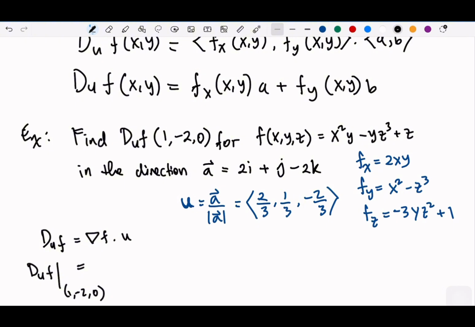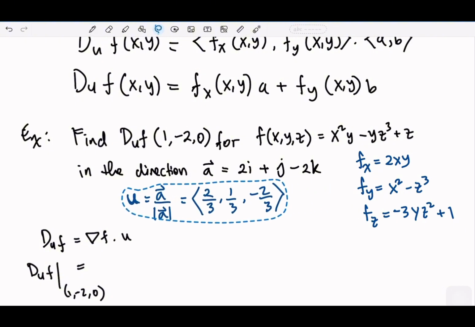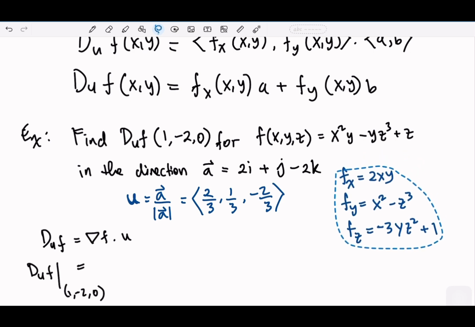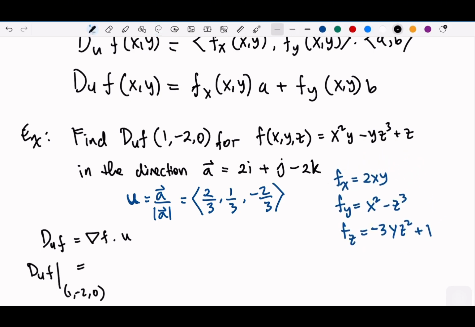Or maybe let me take it one by one. Let me input the numbers. This is 1 and negative 2. This will be negative 4. This will be 1 and 0. This will be 1.